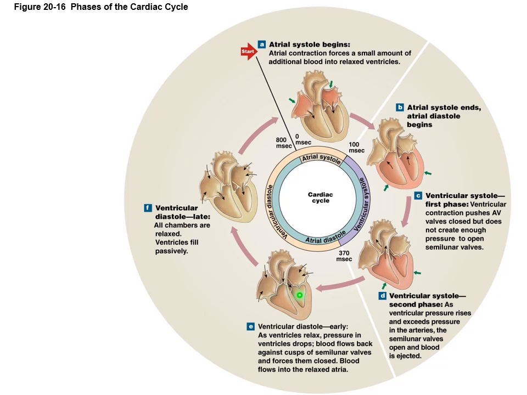So we're at another point where all the valves are closed because the pressure at this point in the ventricles is lower than the pressure in the aorta and the pulmonary trunk, but slightly higher than the pressure in the atria, right? So enough to keep the AV valves closed, but too low to keep the aortic valve and the pulmonary valve open. So these are all closed at this point.